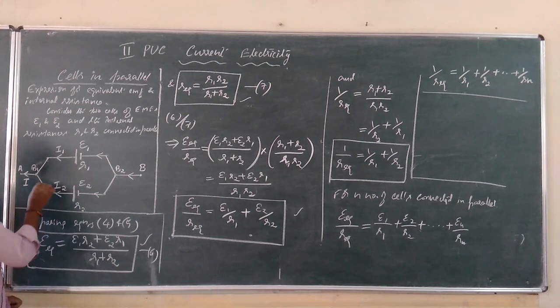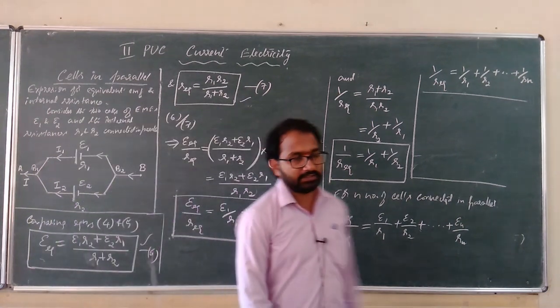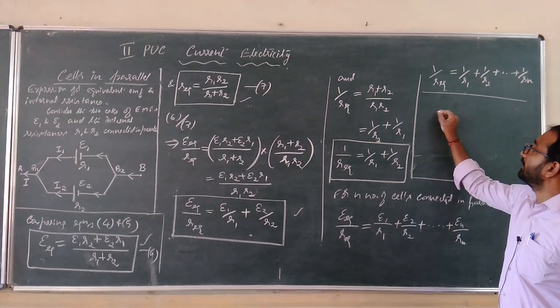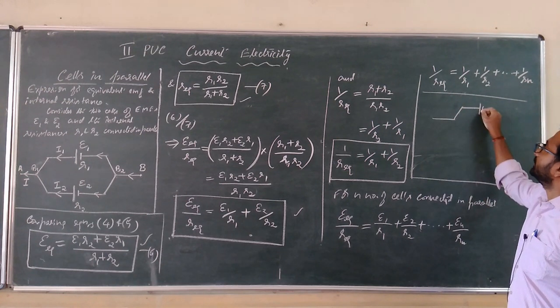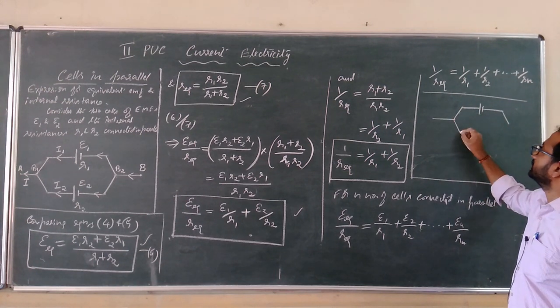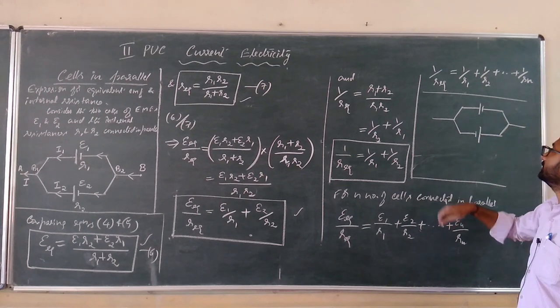Now if instead of the positive terminal of the second cell, the negative terminal is connected to the positive terminal of the first cell, then in the equivalent value of EMF of the cell, you have to write E2 as negative. If this is the case, the positive terminal of the first cell is connected to the negative terminal of the second cell.